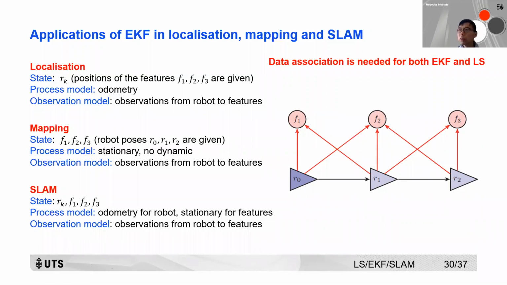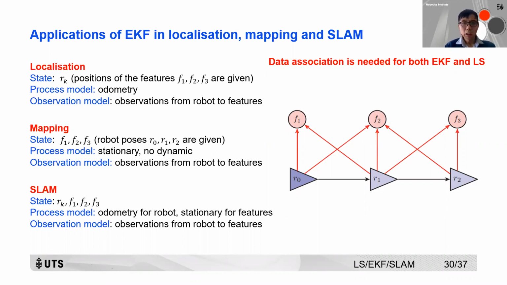One practical problem for applying extended Kalman filter or least square to localization, mapping, or SLAM is data association. Data association is to identify which feature a particular measurement is for. There are different ways to do this.